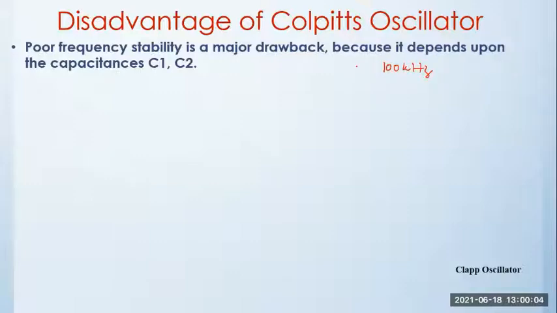If the frequency remains the same as designed, we say it has very high frequency stability. So the output frequency should not change with respect to time. So with aging, it should not change.